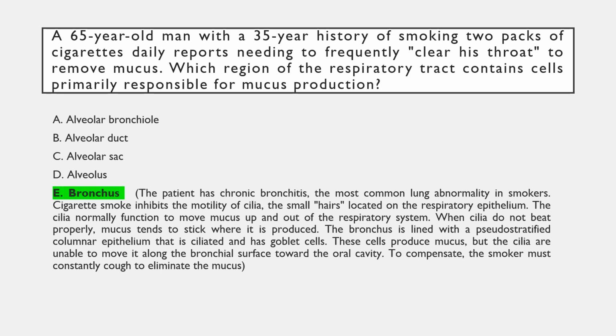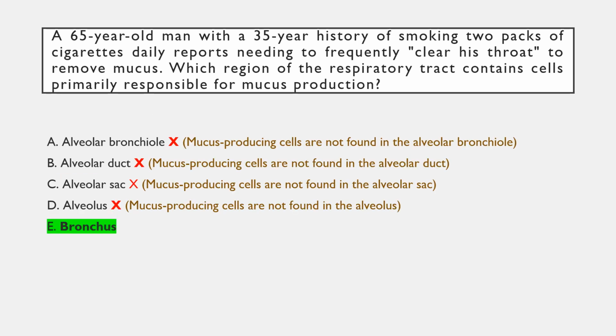To compensate, the smoker must constantly cough to eliminate the mucus. The other options are incorrect because mucus-producing cells are not found in the alveolar bronchiole, alveolar duct, alveolar sac, or the alveolus.